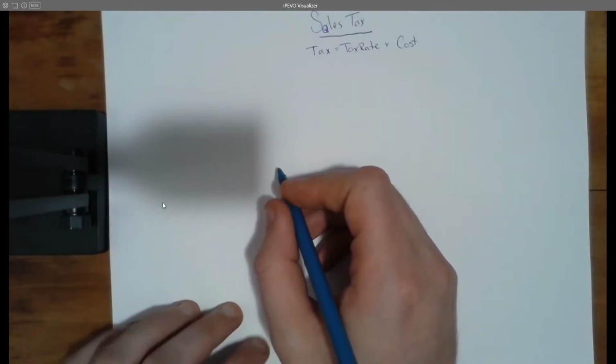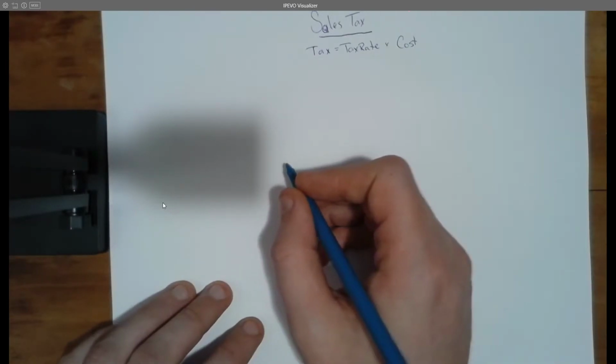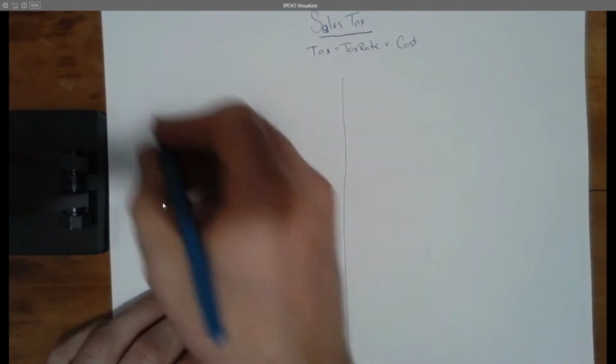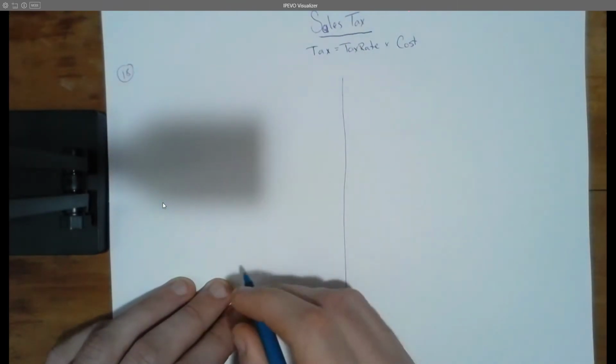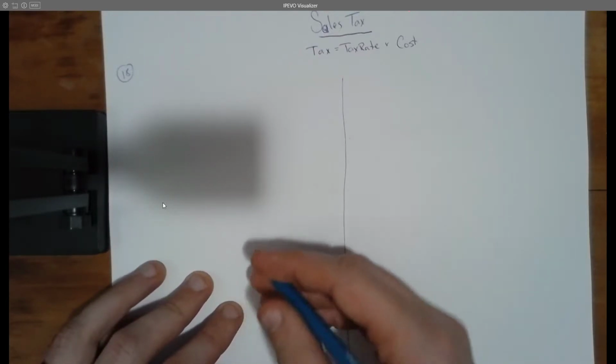This is going to be example 18 and 19 if you're following along in those pictures that I provided as well. So example 18 says a technician charges $50 for a repair job, excluding sales tax. What that means is that it does not include the sales tax.